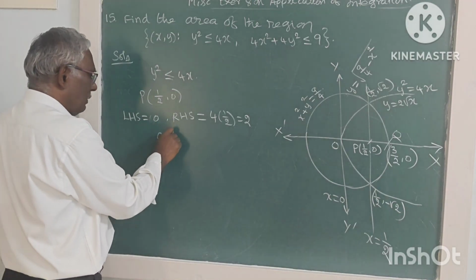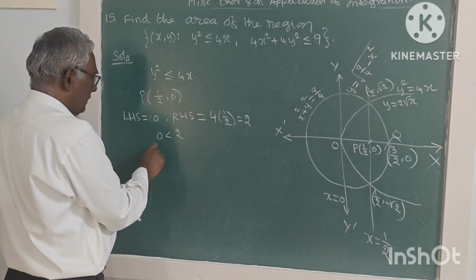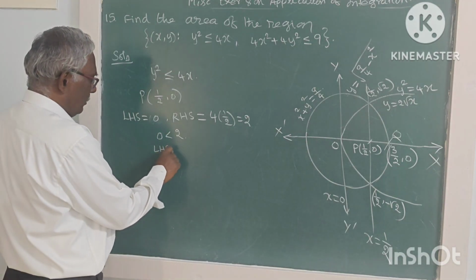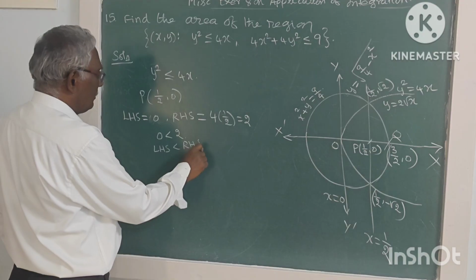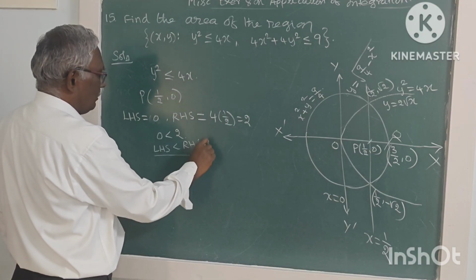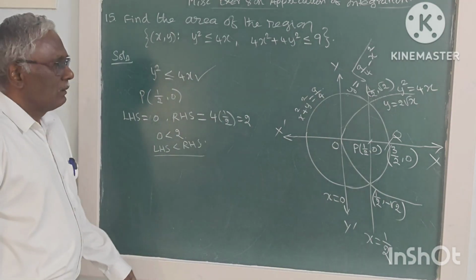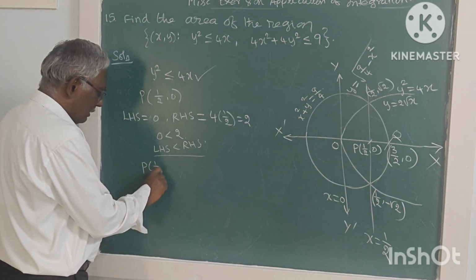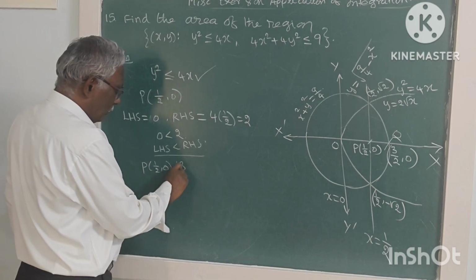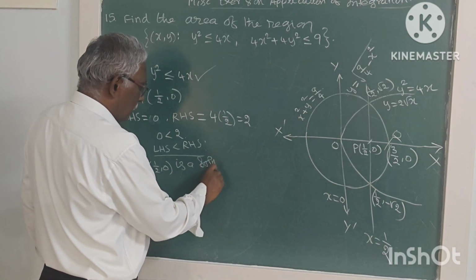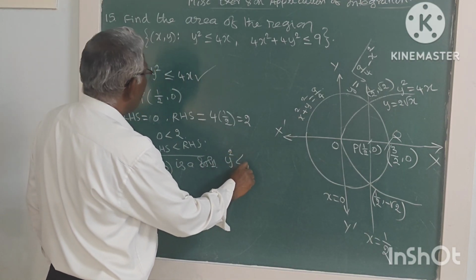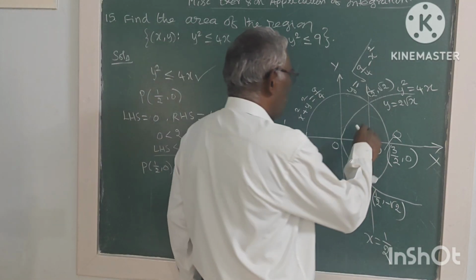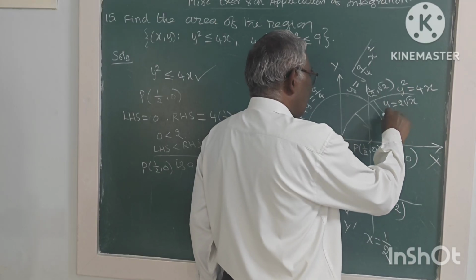So 0 is less than 2, so LHS is less than RHS. So P (1/2, 0) is a solution to y² < 4x. This means the solution for this parabola will be inside here.